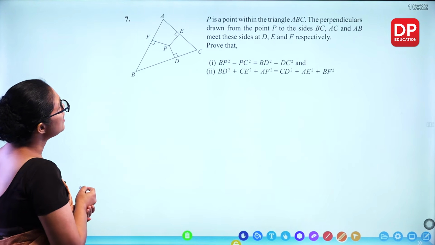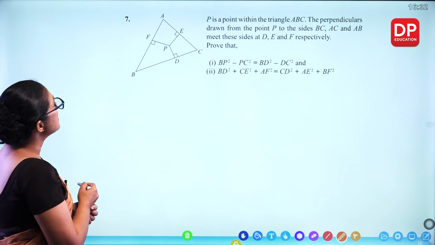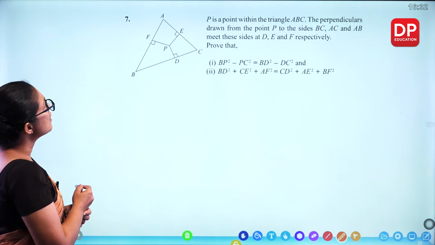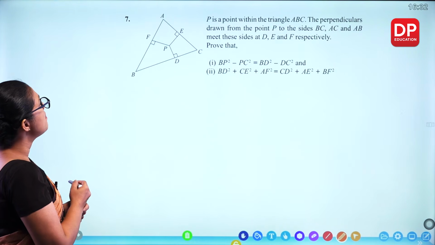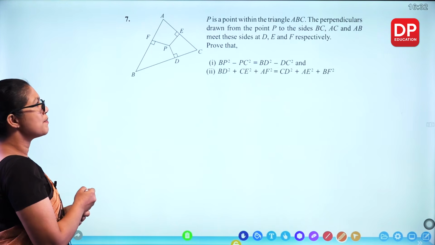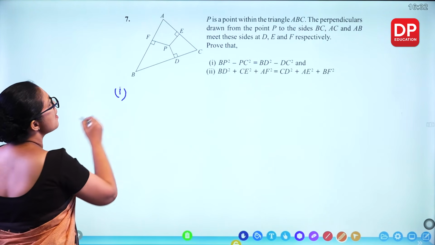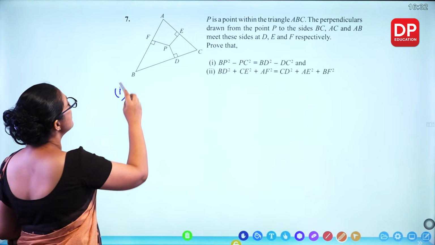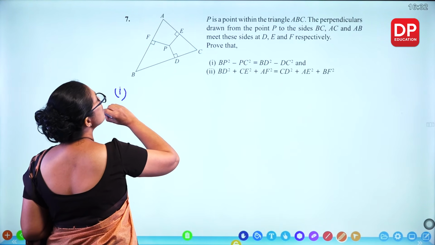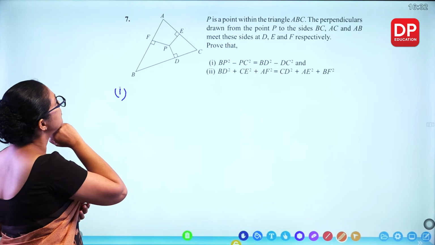Question number 7. P is a point within triangle ABC. The perpendiculars drawn from the point P to the sides BC, AC and AB meet the sides at D, E, F respectively. Prove that, first one, BP squared minus PC squared is BD squared minus DC squared.